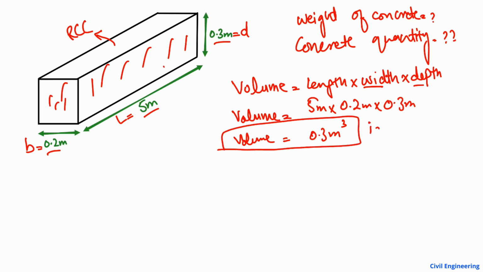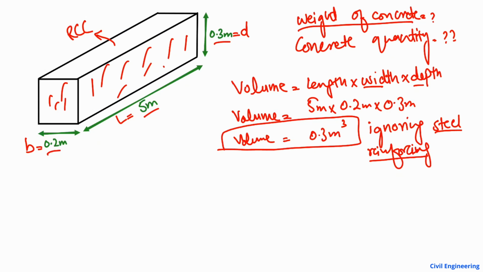But keep in mind that we are ignoring the steel reinforcement because the bars are very small in dimension. That's why we are ignoring the steel reinforcing bars here. So the volume of the concrete is totally the volume of the beam, which is the 3 dimensions of the beam. Now we want to find out the weight of the concrete.